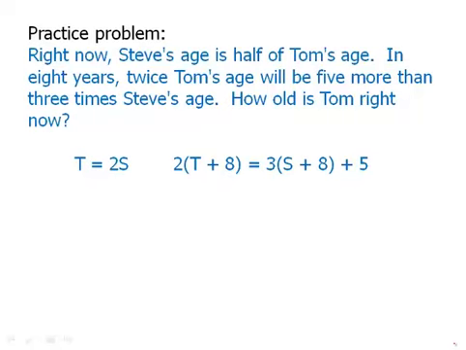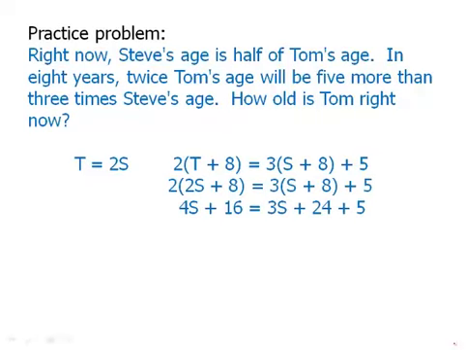Well, so that I don't have to worry about fractions at all, I'm just going to plug in for T. I realize that I'm not solving for my target value. I'll have to go back and find T later on, but that's fine because I can avoid fractions by doing it this way. So I just plug that in for T. Now I have an equation in S, multiply everything out, get everything collected, and we get S equals 13. So that is Steve's age right now, and that's half of Tom's age, so Tom must be 26.